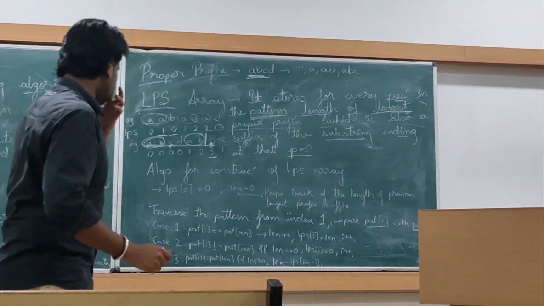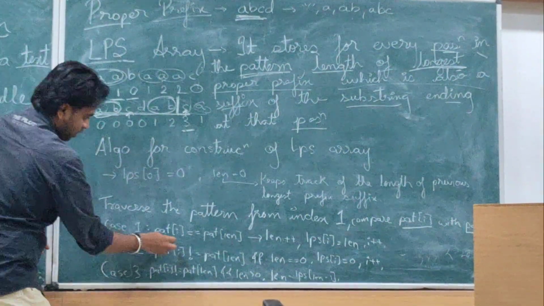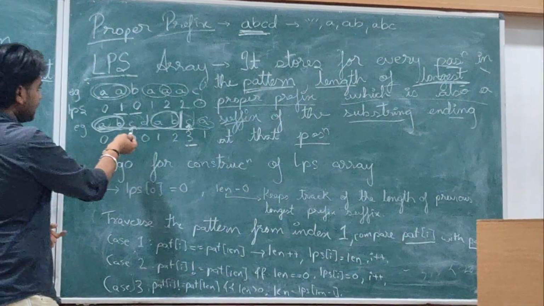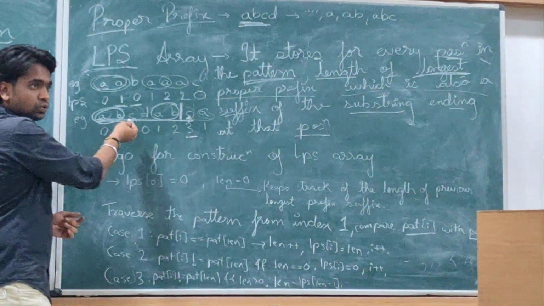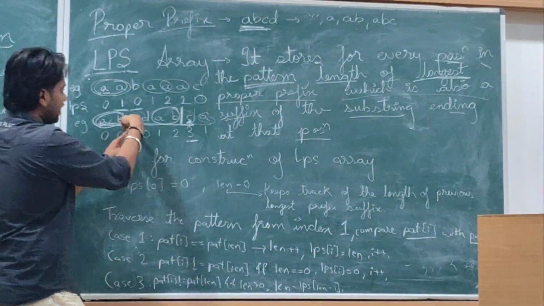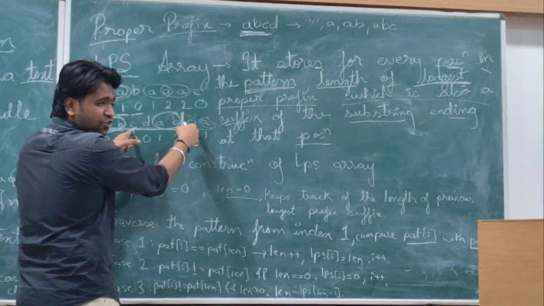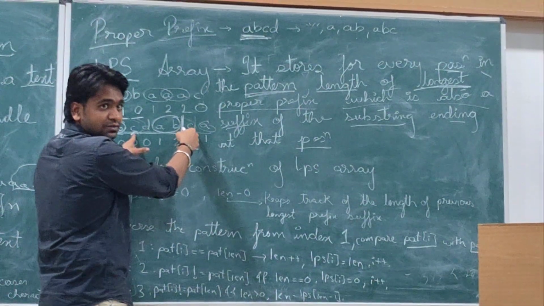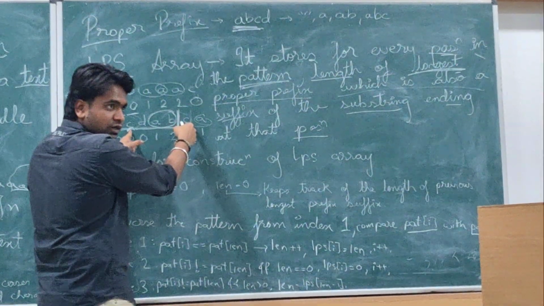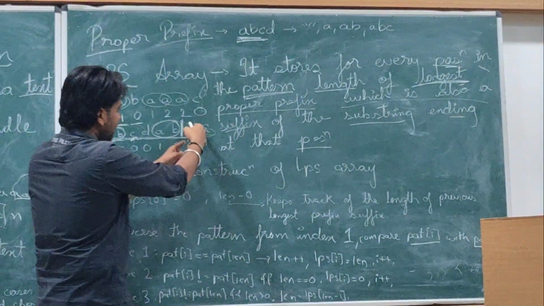Yes and no? Right. So now case 1, which is this case. What is the case? Pattern of i is equal to pattern of length, right? Length was 2, so what will pattern of length be? 0 1 2. And pattern of i, so pattern of i and pattern of length are equal. Then what are you doing? You did length plus plus, and what comes as LPS of i?